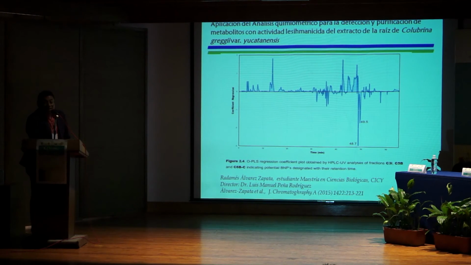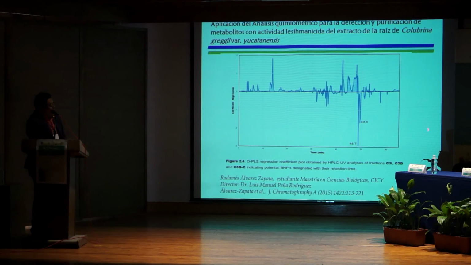So we decided to do this using chemometrics to try to identify the metabolite responsible for the activity, and we managed to pinpoint these two main metabolites that seem to be the responsible metabolites for the anti-leishmanial or leishmanicidal activity.